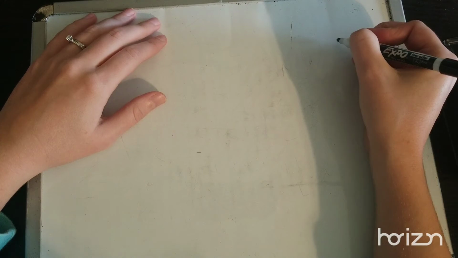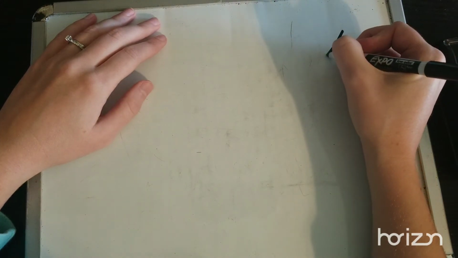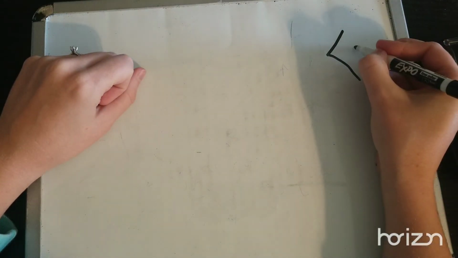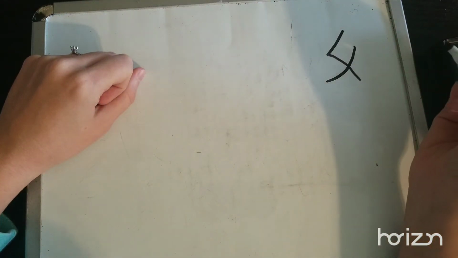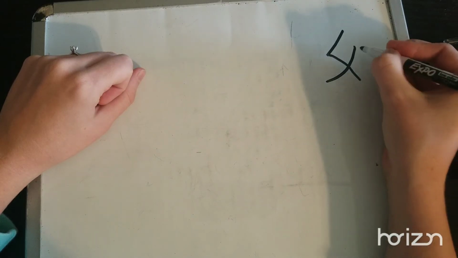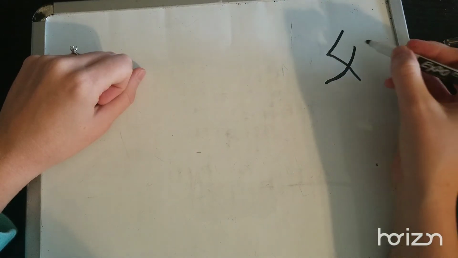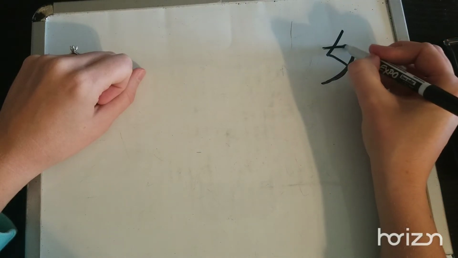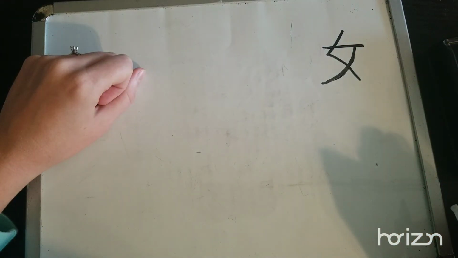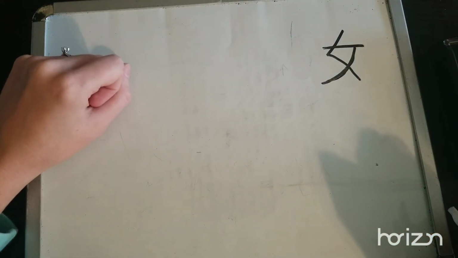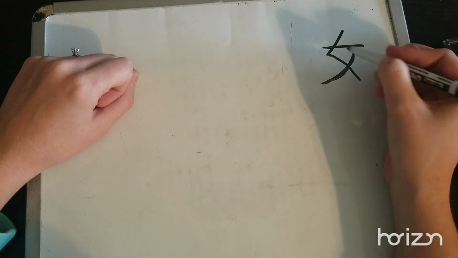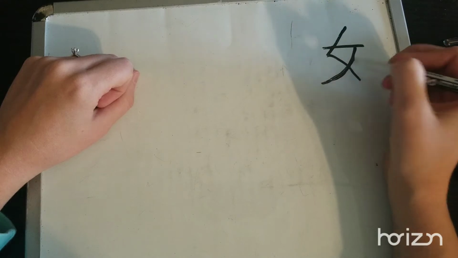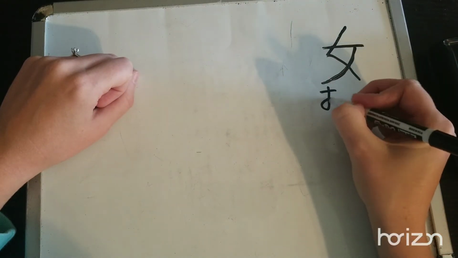Moving right along. Woman. A sort of open ku shape, followed by, I don't even know what to call this, a right to left downward curving diagonal, and a final stroke that connects them. This is supposed to be an image of a mother sitting with her child in her arms. Pronounced onna.